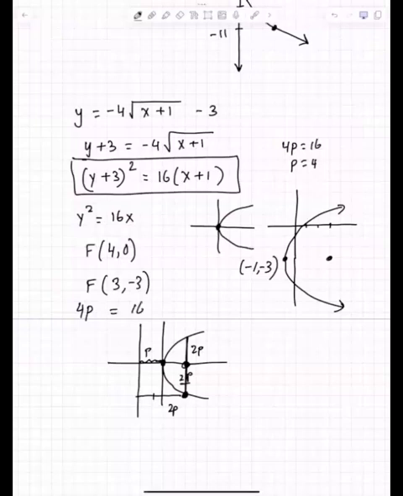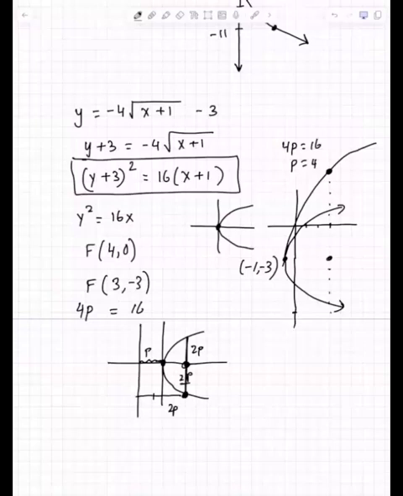So that means from here we have to go up 2p, which is 8. And we go up, so that's 3, 1, 2, 3, 4, 5. There's the point actually. So it's going like this. And from here we have to go down 5, 3, 5.